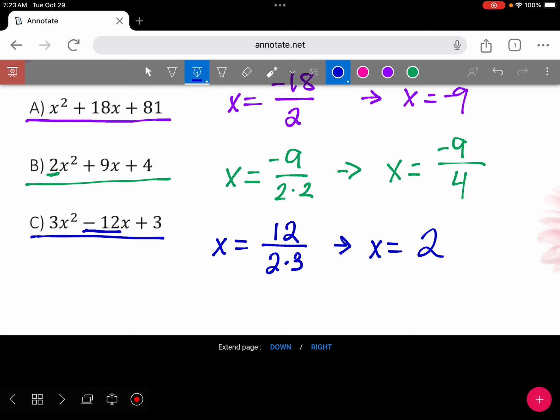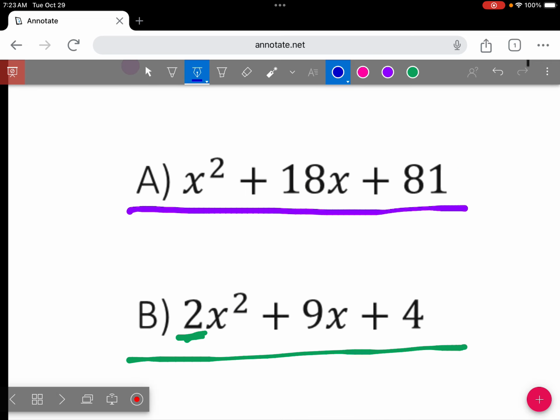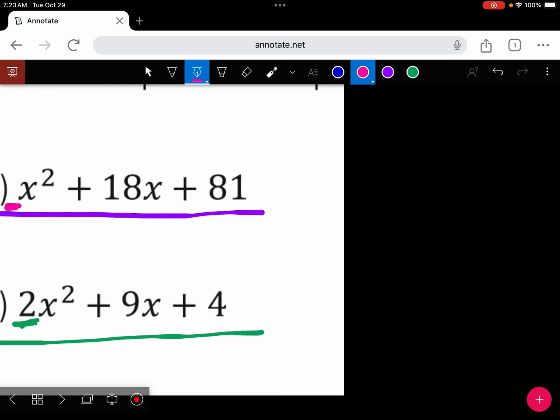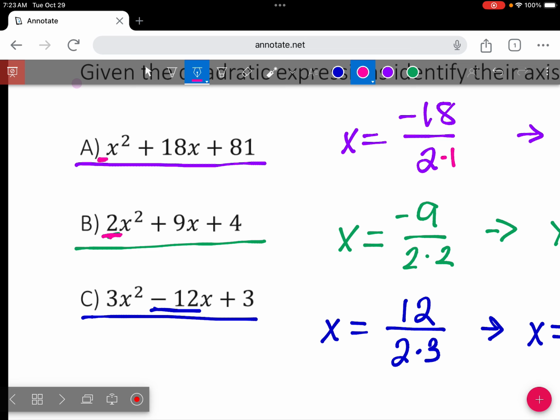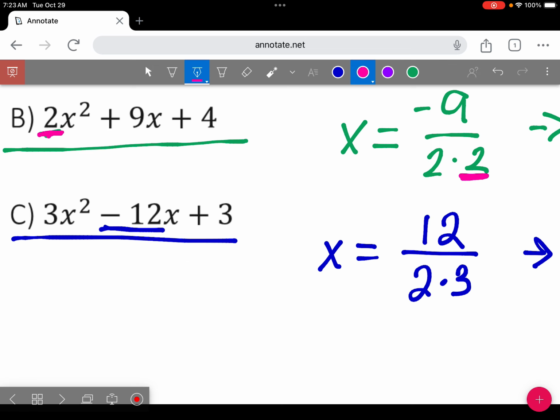Okay. Questions on that bit? What's up? It's always 2 times our A. So it's the number in front of the x squared. So on this one, this was 2 times 1. This one was this 2. And this one, it was this 3.